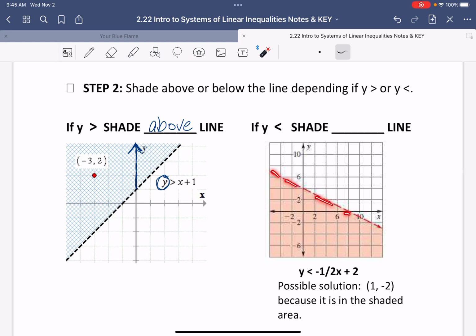Notice they've done the dashed line because it's not equal to. And you're going to shade below the line, because our y is less than the line. So everything down here is going to get shaded.